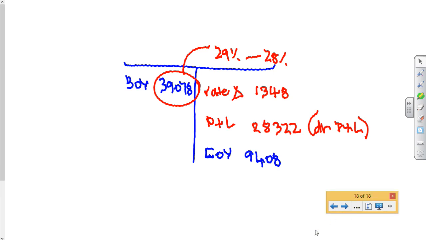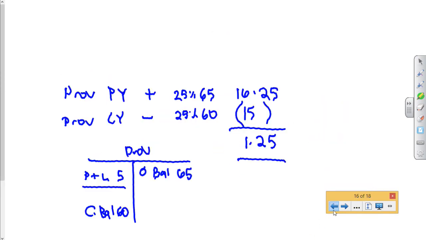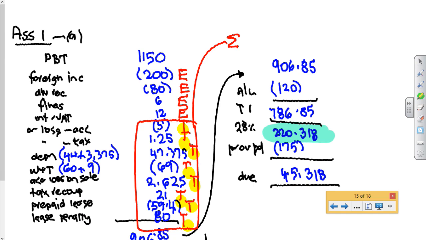One for the normal tax. The normal tax is this 22318. Yeah. Prepare the journals for the current tax expense calculated in A, 22318, and for the deferred tax expense calculated in B. So you're going to do one journal for this.